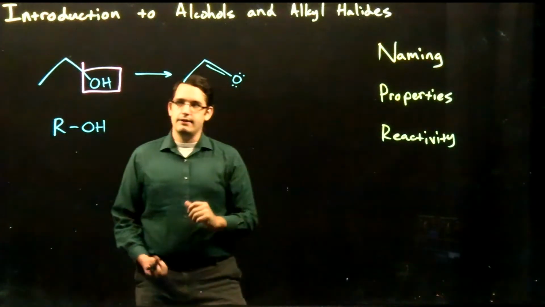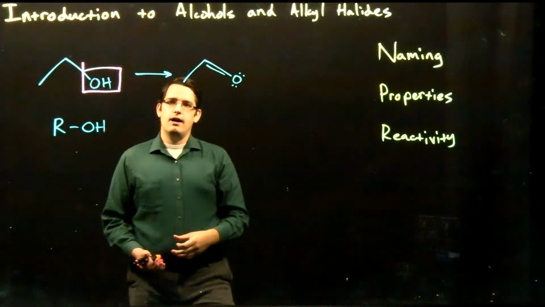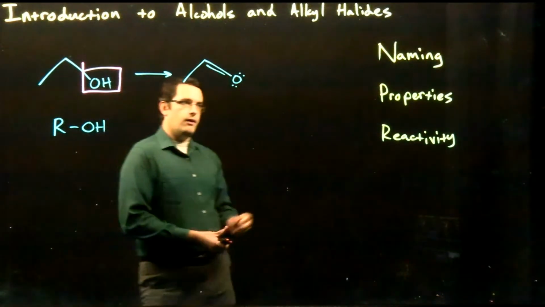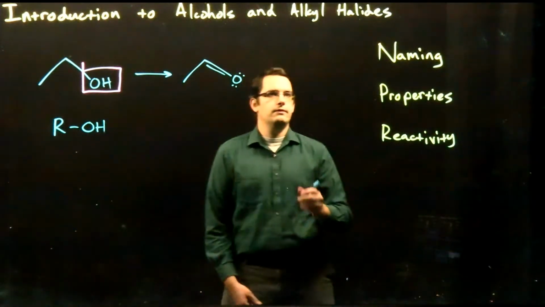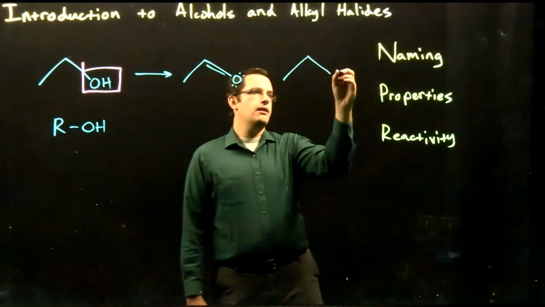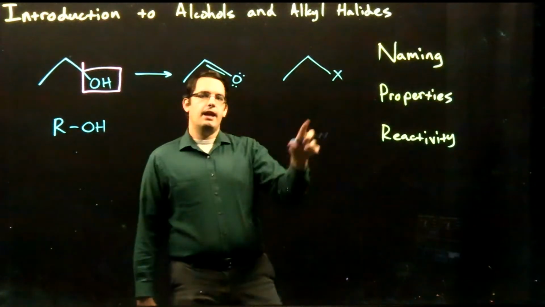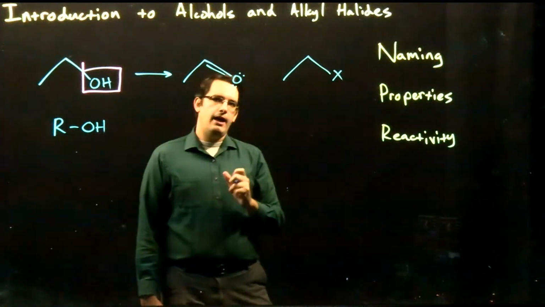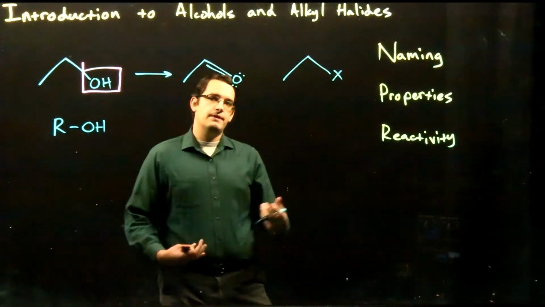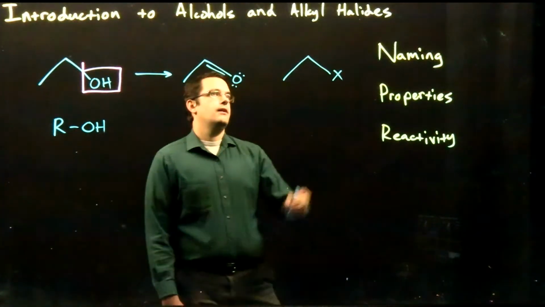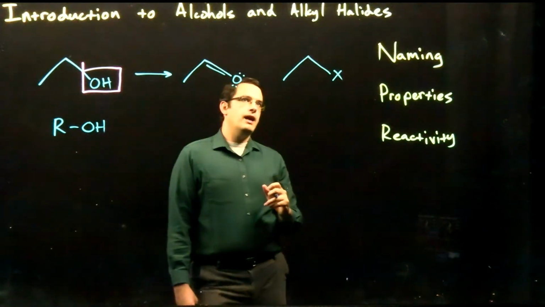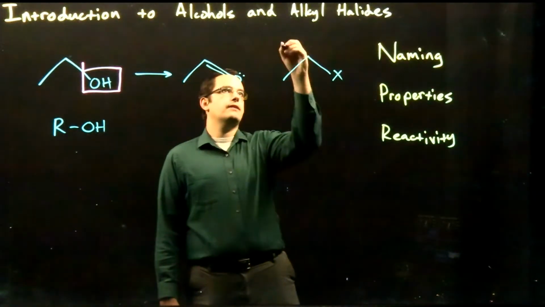Now, alkyl halides are a functional group that is somewhat similar to alcohols, but will also have some key differences that we'll discuss. So an alkyl halide contains, again, carbons, but then it has an electronegative atom attached to those carbons. In this case, I'm using X representing any of my halogens. So remember, your halogens are in group 7A at the right-hand side of the periodic table.